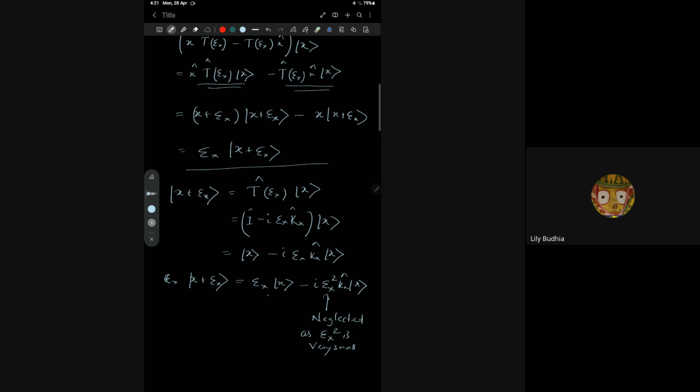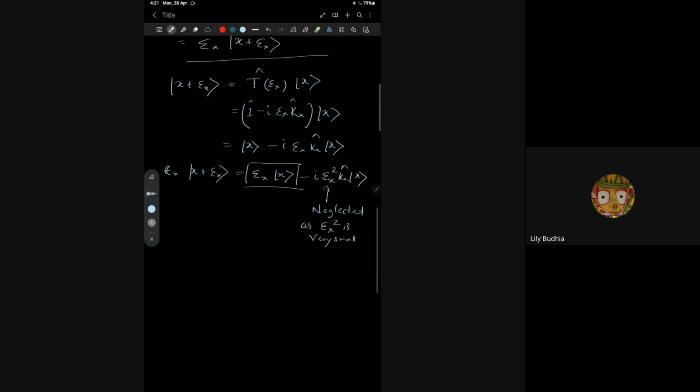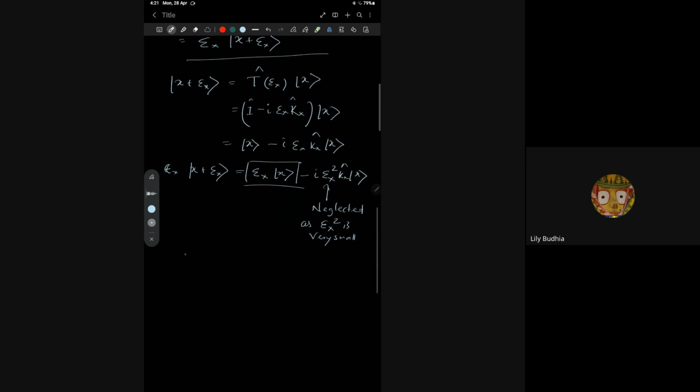So then we are only left with this part. Okay. So what can we write? Epsilon x plus epsilon x square is nothing but epsilon x.